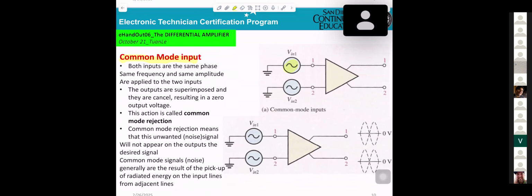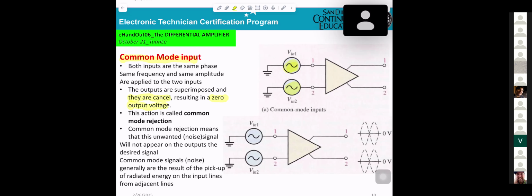That means they are identical. The outputs are superimposed and they are cancelled, resulting in zero output. So now, if you apply two identical inputs, the output will be 0.